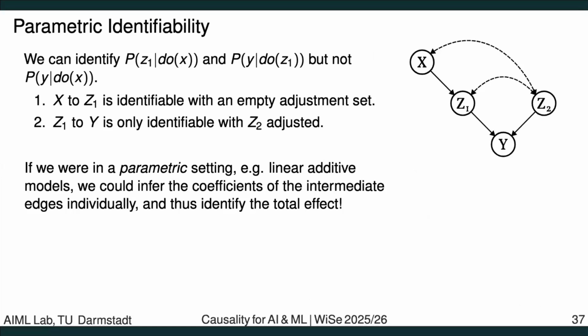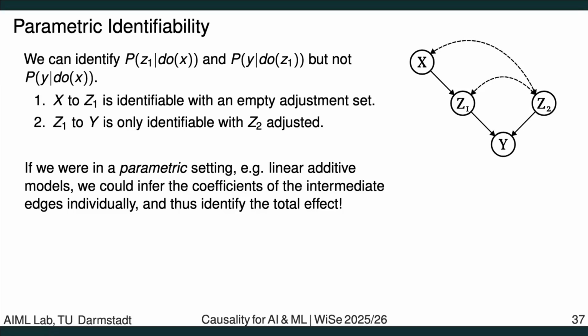So maybe before we do a short break, just this one case, the graph that was also in the slide before. Here we have a very interesting case where we can identify.